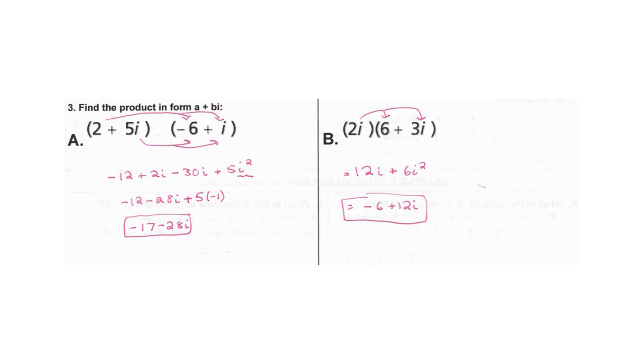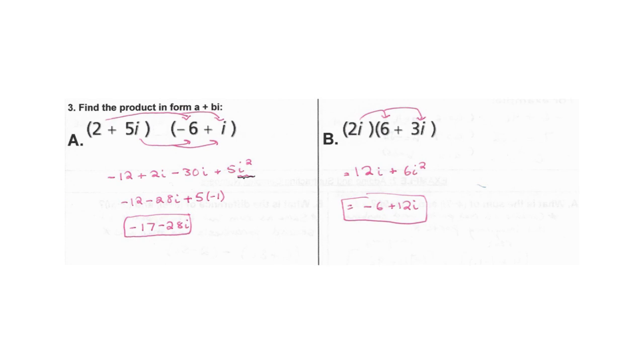Okay, so in the first one, we have to use the FOIL method. At the end, we get an i squared. Change it to -1. So we end up getting -5 there. Combine it with the -12, we get -17. And then our i's are -28i.